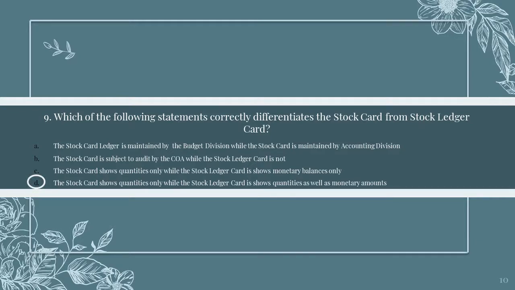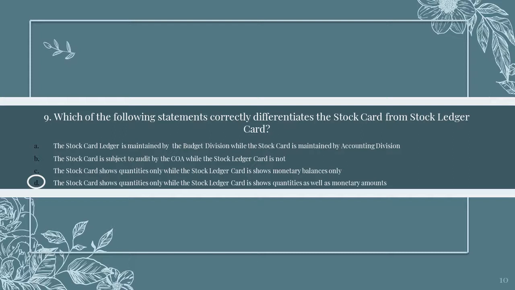The stock card shows quantities only while the stock ledger card shows quantities as well as monetary amounts. Letter A is not the correct answer because the stock card ledger is maintained by the property or supply division instead of the budget division. And letter B, the stock card is subject to audit by COA while the stock ledger card is not.